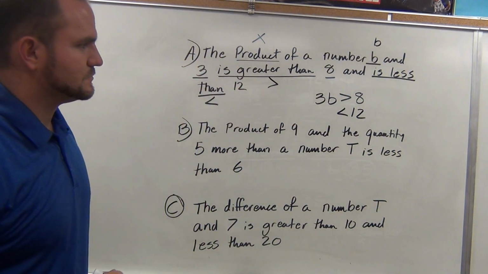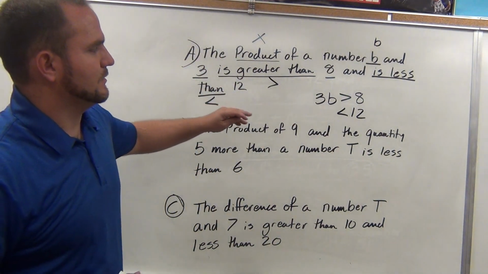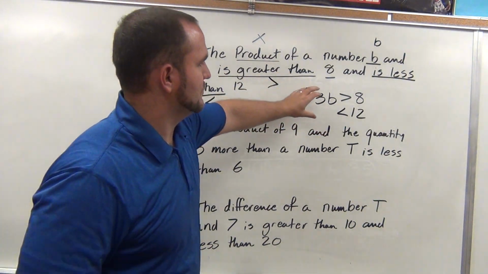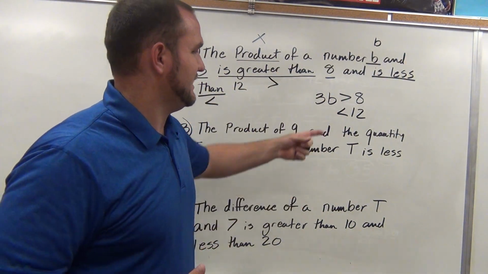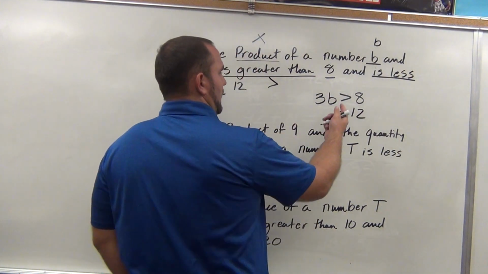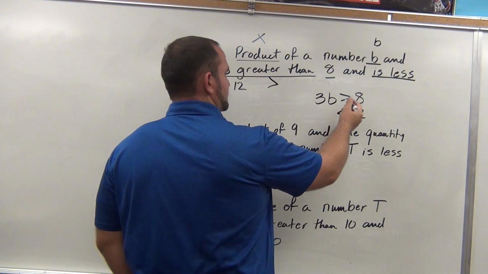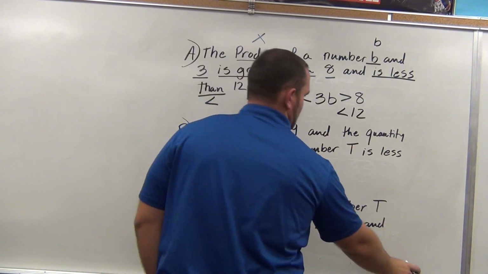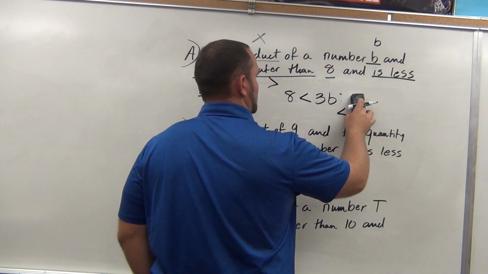Now, the reason I did it like this is just so that I can read it. But now let's go ahead and make it look correct because we can't have this over the top of each other. So I can flip this around and it still says the same thing.